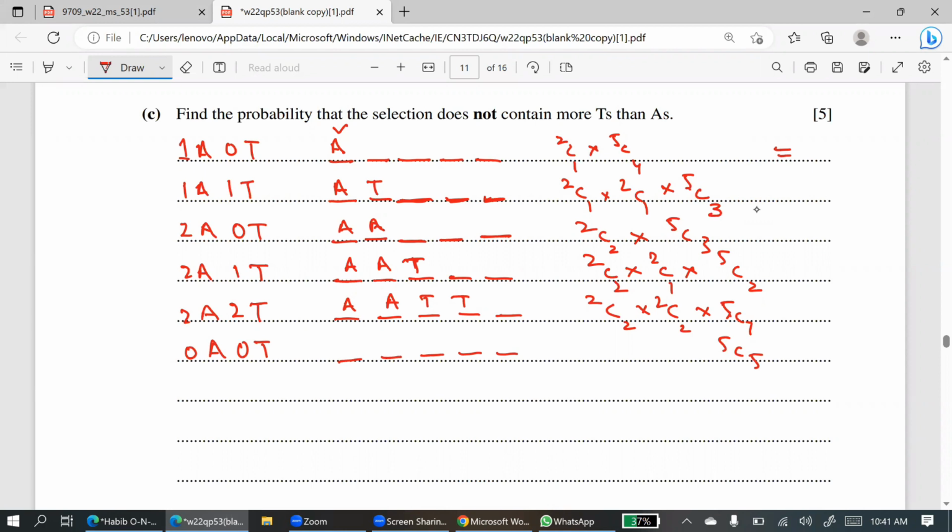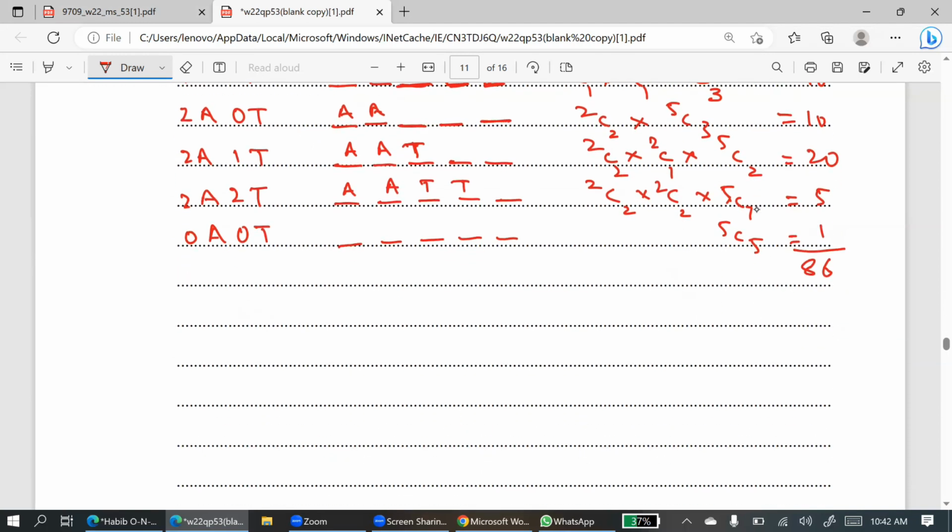5C4, 5 into 2, 10, 40, 10, 20, 5, 1. So total number of ways in which the selection of 5 contains not more T's than A's is 86.